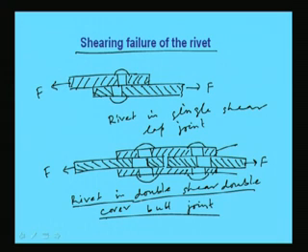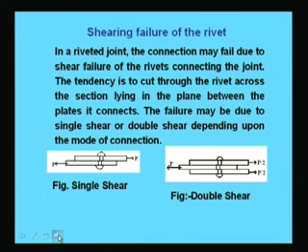We will show how to calculate in the next slide. So, what we told is that this is single shear, means only one shearing failure is happening, and this same lap joint can be called double shear, means in two places it is happening.